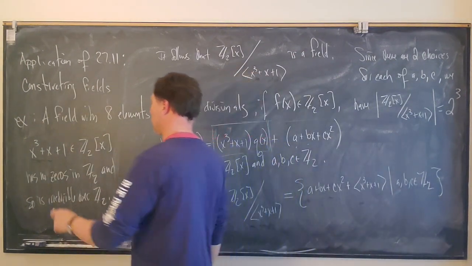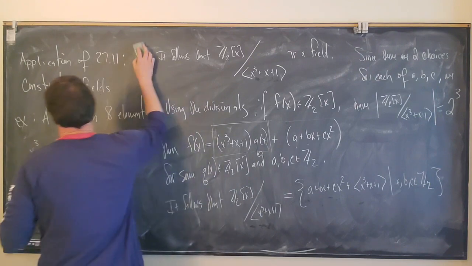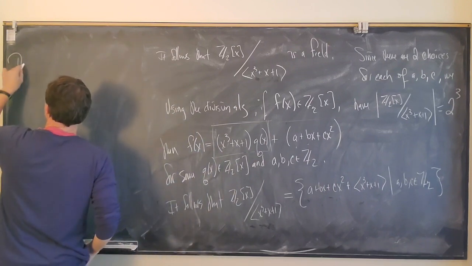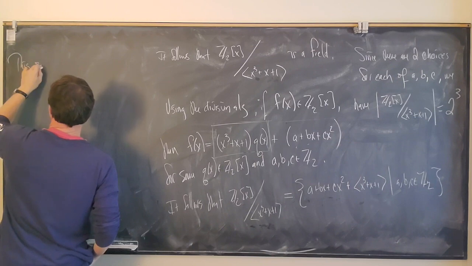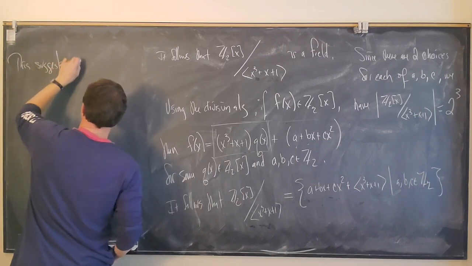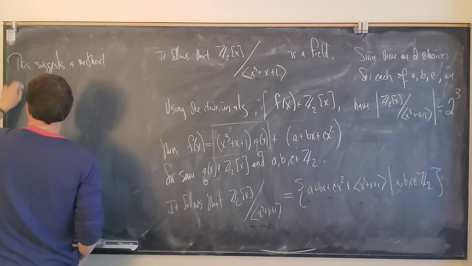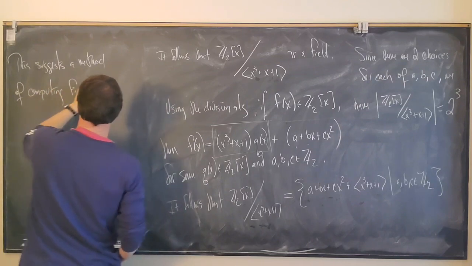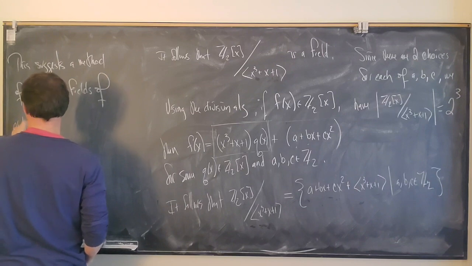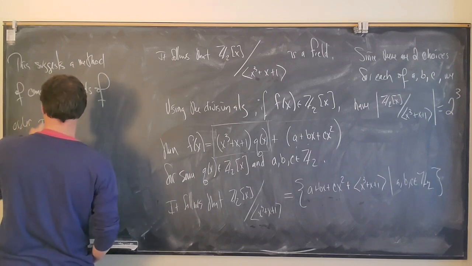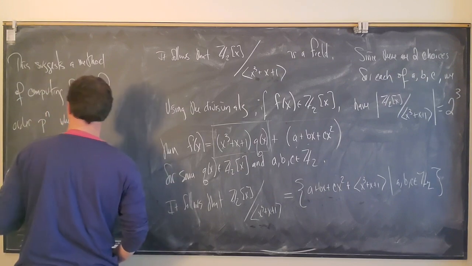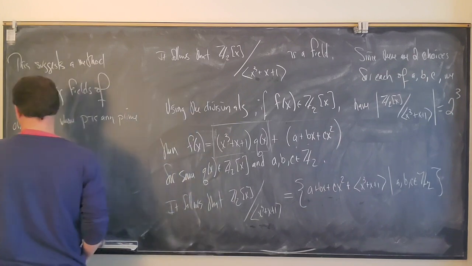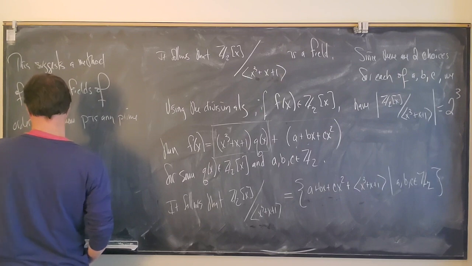Anytime we have a prime p, this suggests a method of computing fields of order p to the n, where p is any prime and n is any natural number.